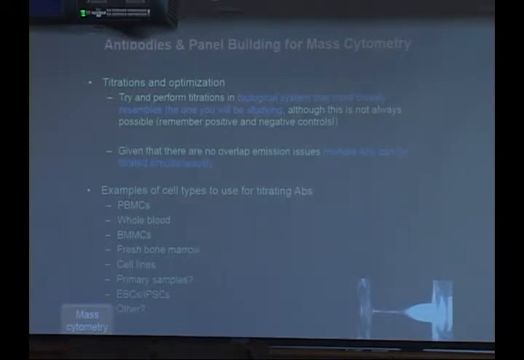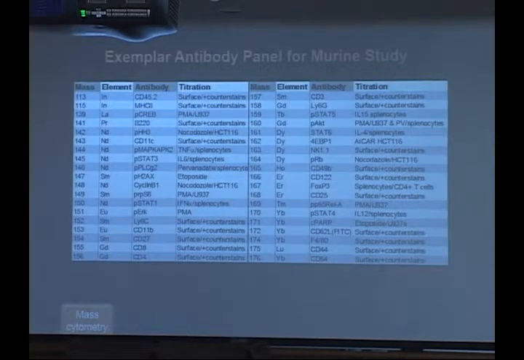What's really nice is to have something that you use for titrating, and then you can include it in all your subsequent experiments. That way you can see how the experiment is working because you keep maintaining the same control. This is an example of a panel. I'm not going to go through all the antibodies, but the point I'm showing you here is how we've designed it.